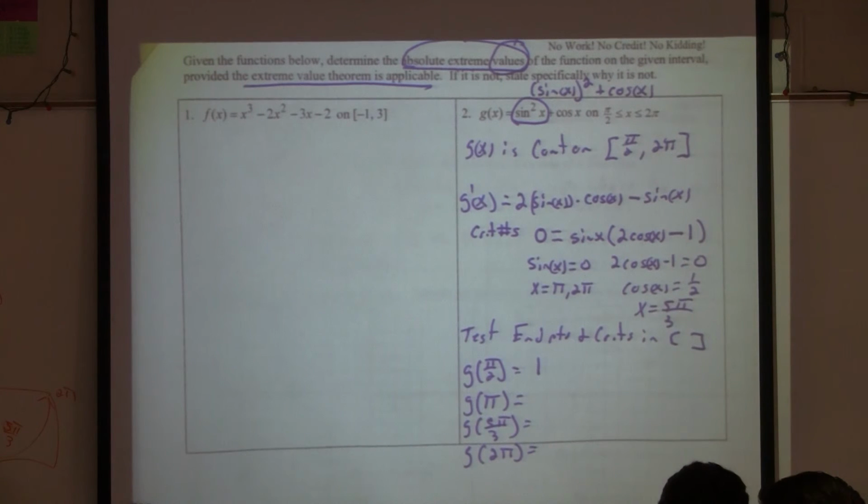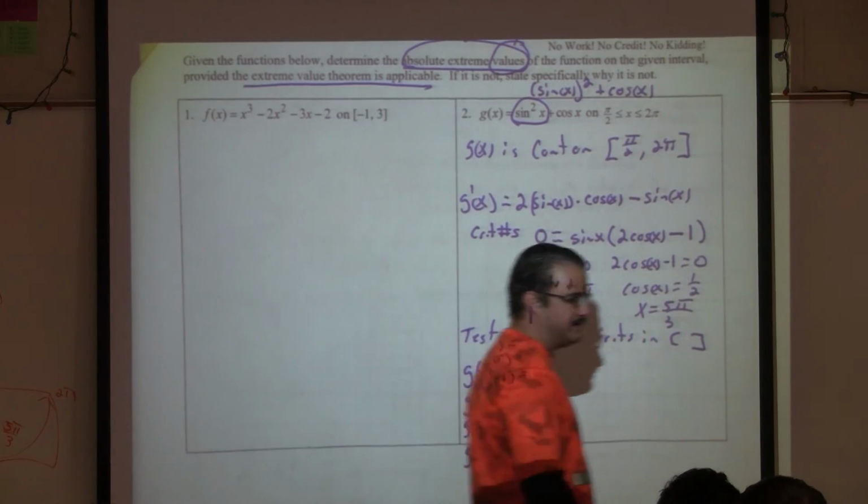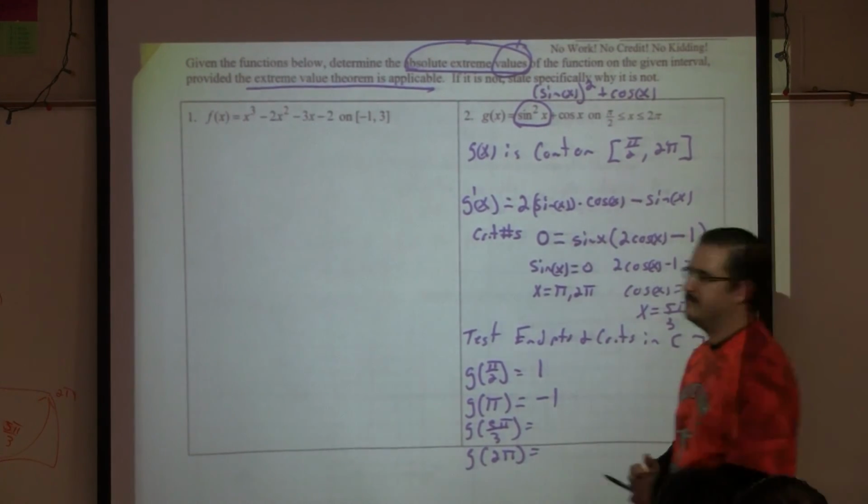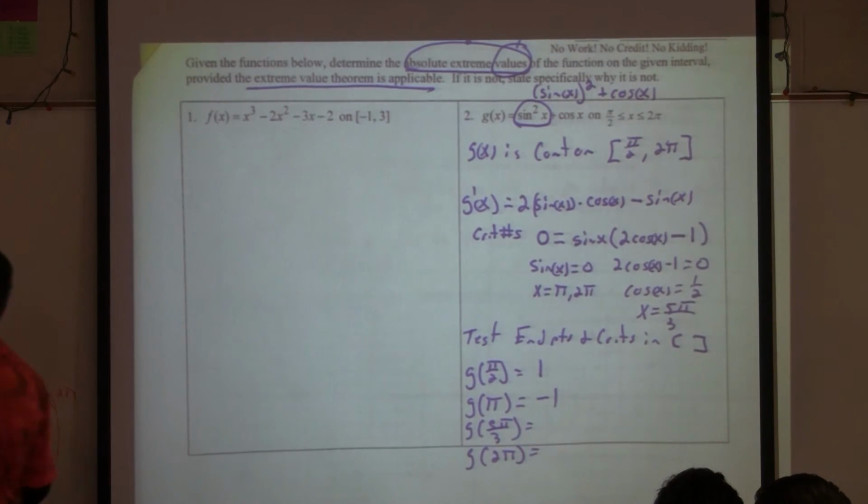Pi is negative 1, 0. So 0 squared plus negative 1 is negative 1. At 5 pi over 3, what was the coordinate? 1 half, comma, negative radical 3 over 2. Negative radical 3 over 2, very good.